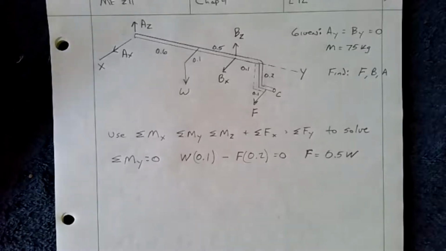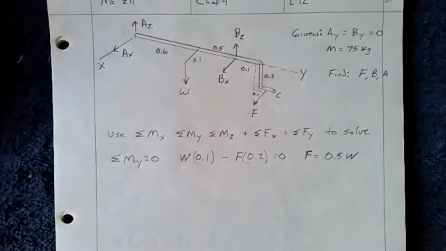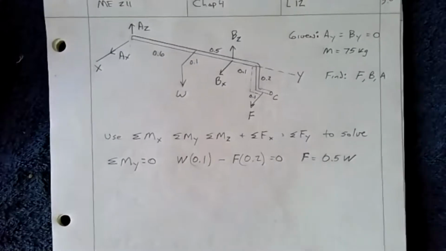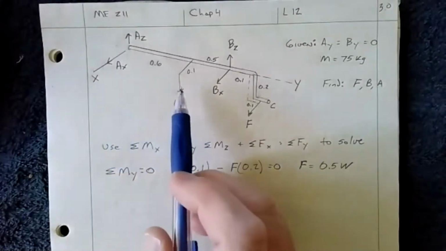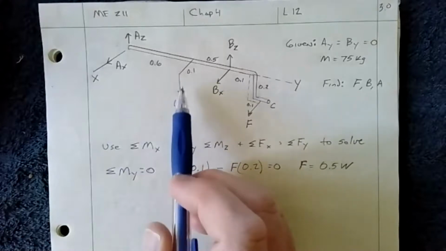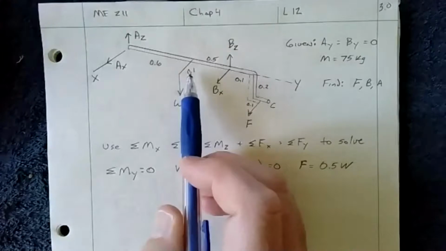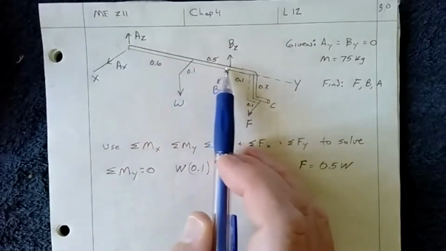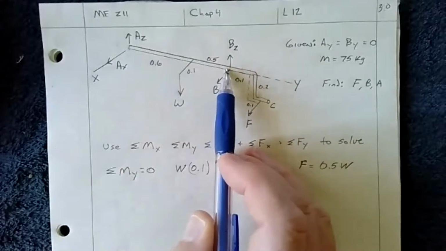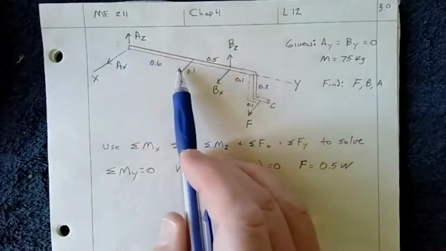when we first try to solve this for F, you'll notice that if we look at the diagram in general, you have W going down, and it's 0.1 meters away. AX, AZ, BX, BZ are right on the Y-axis. So if we sum the moments about the Y-axis, those don't have any bearing because their distance is 0.